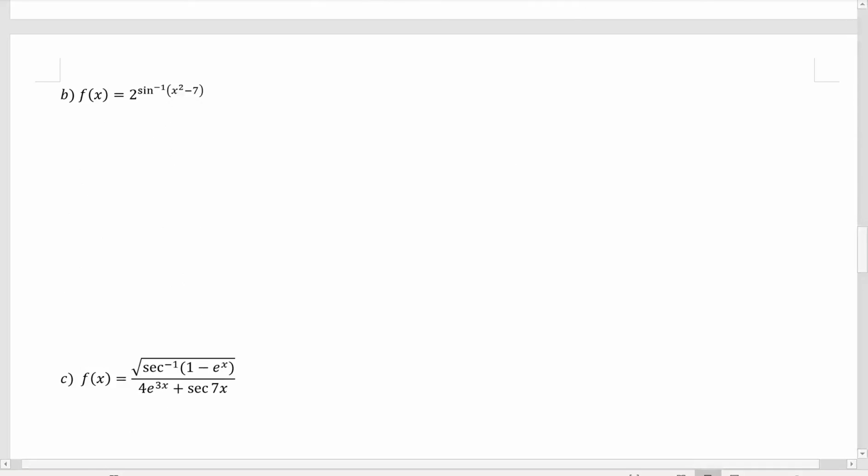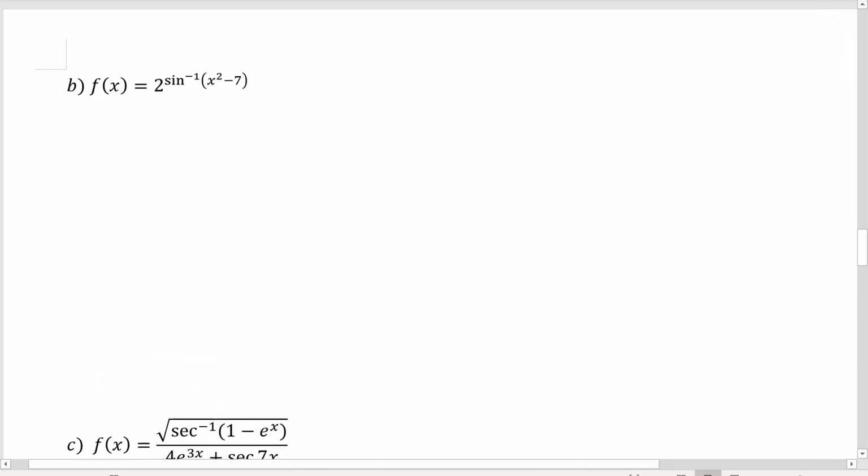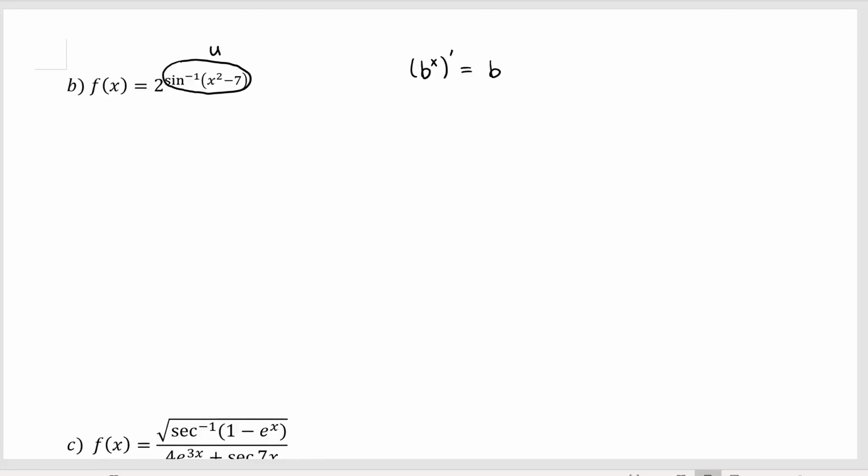Alright, let's look at this one. What is the format? It's like 2 to the something, so exponential function, right? And we have a composite function, so this is like an onion, so this is u, right? What is the derivative of 2 to the u? Do you remember the formula? What's the derivative of b to the x?